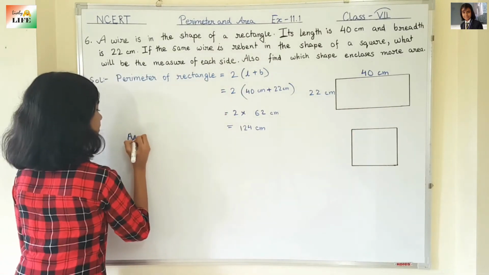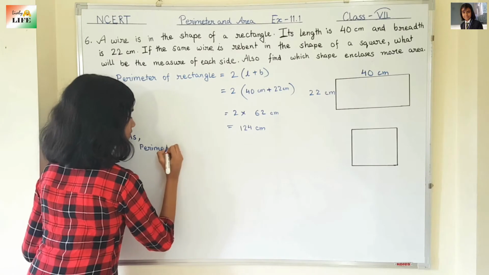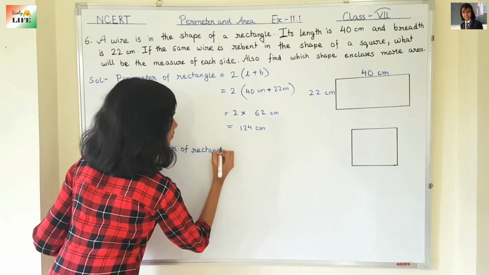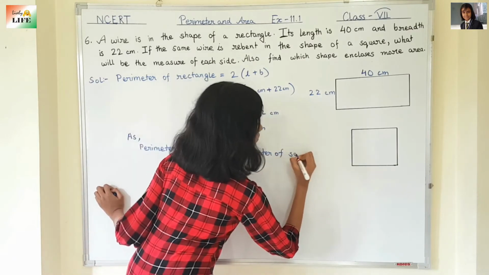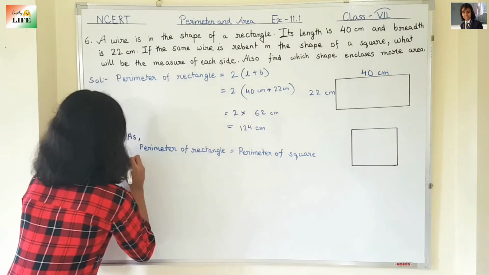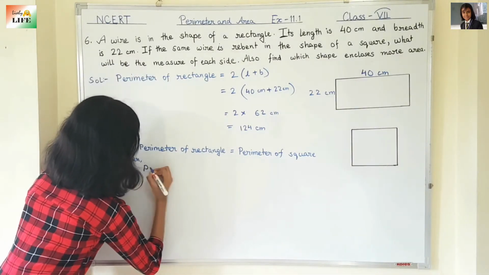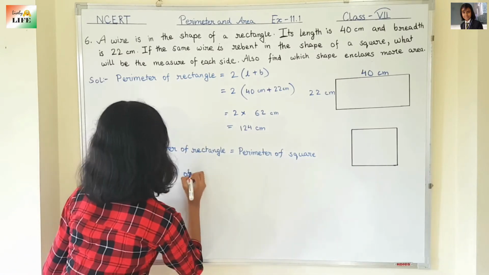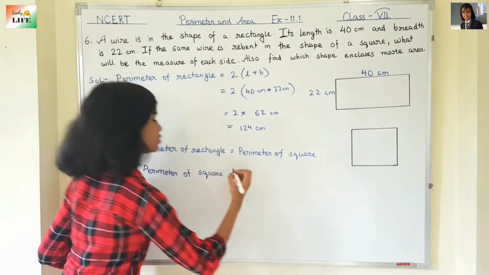Now, as the perimeter of rectangle is equal to the perimeter of square, then perimeter of square is also 124 centimeter.